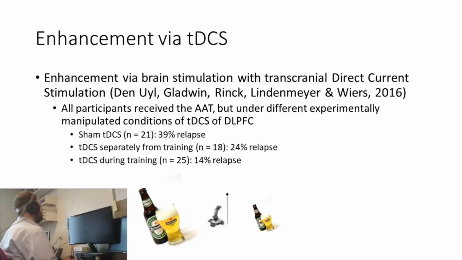So in the study by Denaro et al., published in 2016, we took the patients in an addiction clinic. They were all getting the approach avoidance training because it has been shown to work well, so the people felt like you can't take away their training, but we could say, we'll put you in a TDCS condition. So either we'll give you sham TDCS, or we'll give you TDCS at a different time than when you're doing the training, or we'll give you the TDCS during the training.